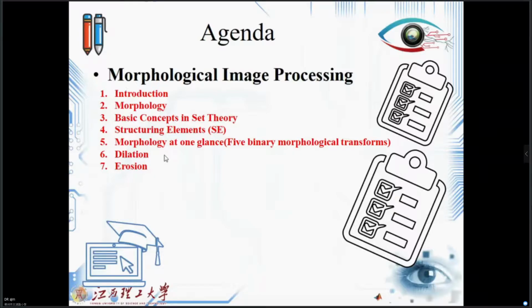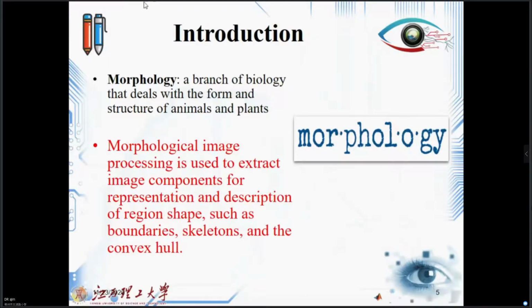Anyway, first of all, what is morphology? Morphology, by its word, is the branch of biology that deals with the form and structure of animals and plants. But in morphological image processing, it is used to extract image components for representation and description of shape, such as boundaries, skeletons, and the convex hull.